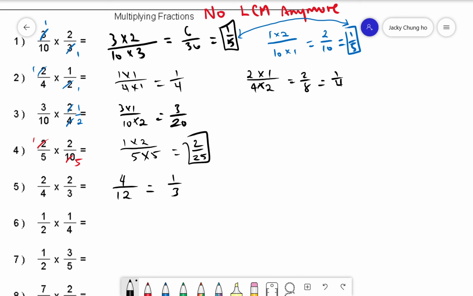Number 6, I have 1 over 2 times 1 over 4, which will be 1 over 8.